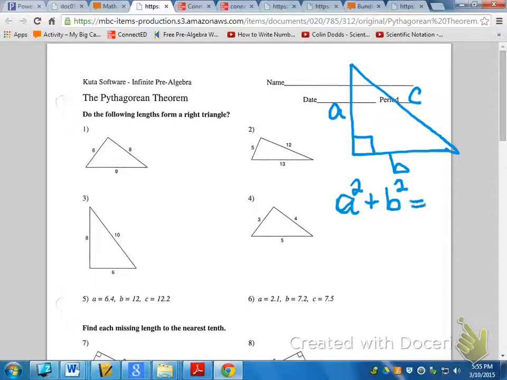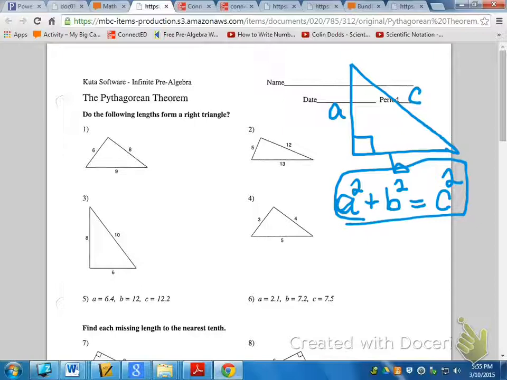That will be exactly the same as C squared. If you have a right triangle, this will always be true. You will be able to find missing lengths of sides by using the Pythagorean Theorem.